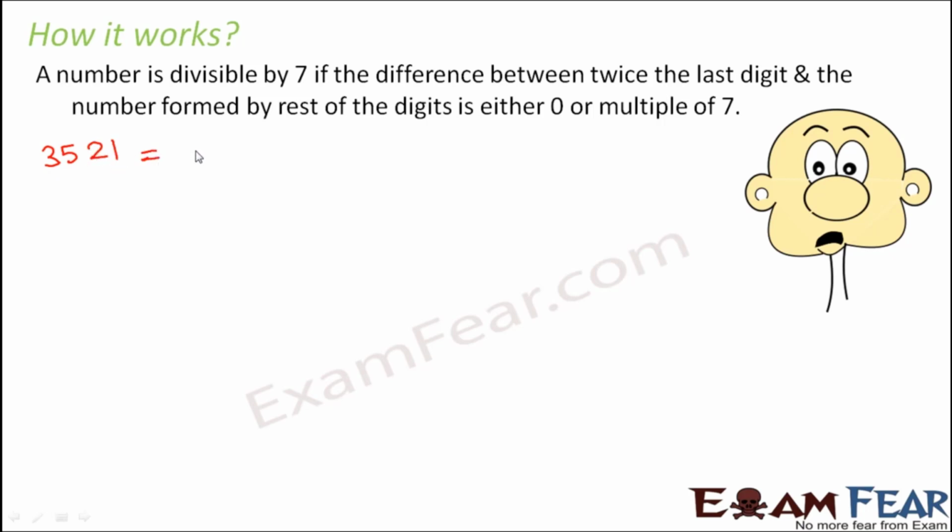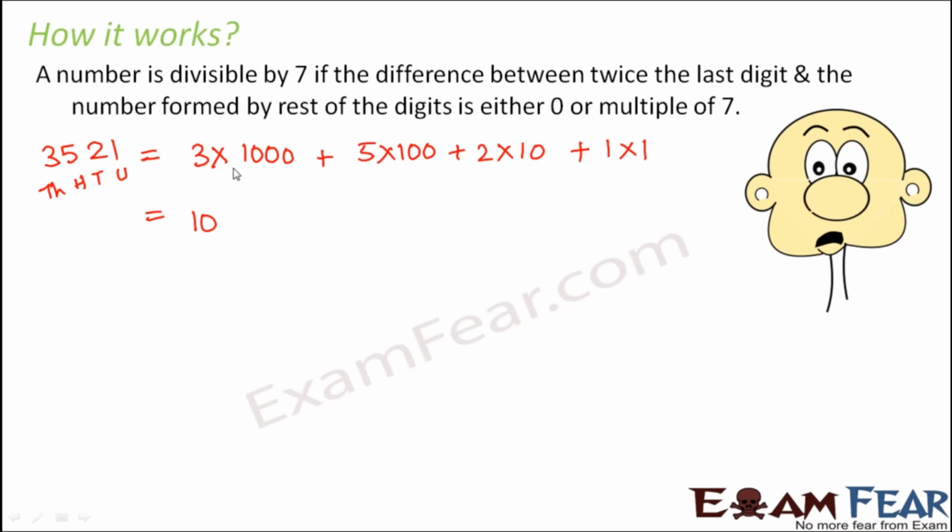Now if we expand this number, how would I expand it? As usual, units, tens, hundreds and thousands. So this will be expanded as 3 into 1000 plus 5 into 100 plus 2 into 10 plus 1 into 1. Now if you look at it, all these terms except the units place are multiples of 10.